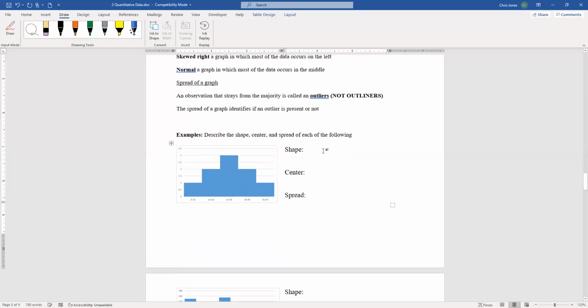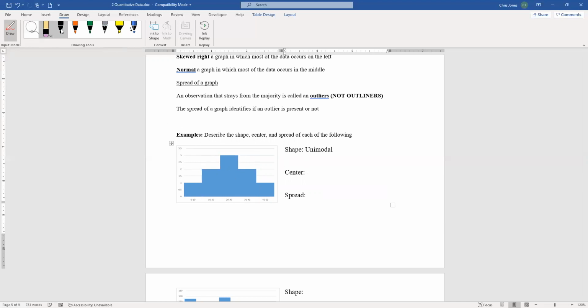We take a look at this one, and we notice that there's only one distinct peak. It's right in the middle there. So we'd be very inclined to say that this is a unimodal graph. The center: most of the data looks like it's in the middle. If we're looking at the majority of the data, we can just eyeball it and say that's where the majority of the data is.